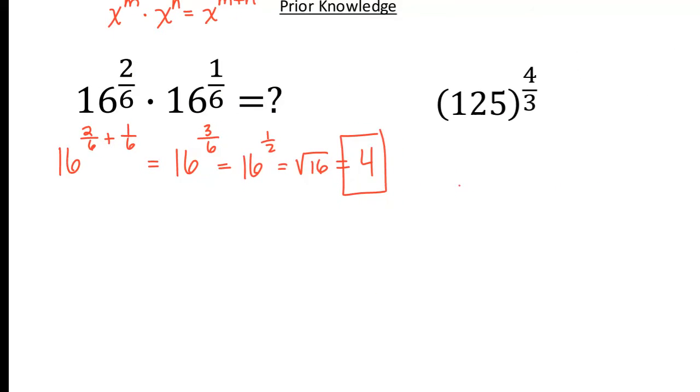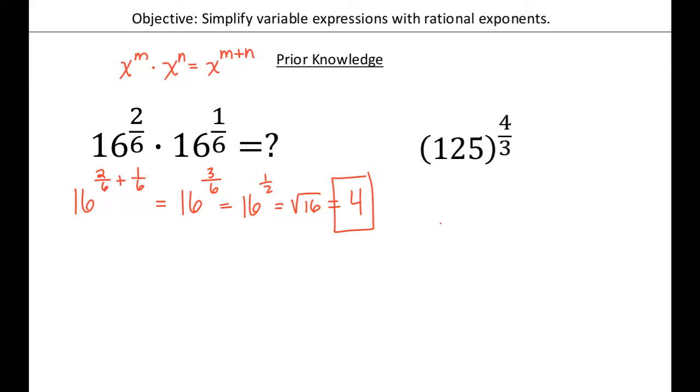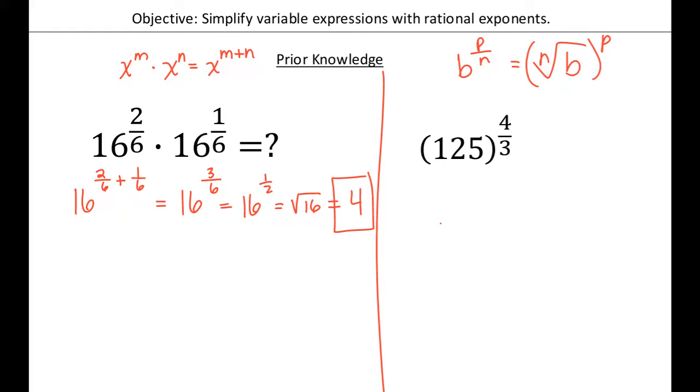Okay, then I have this 125 to the 4/3. This is basically just practicing with b to the p over n. It's the nth root of b raised to the p power, okay?